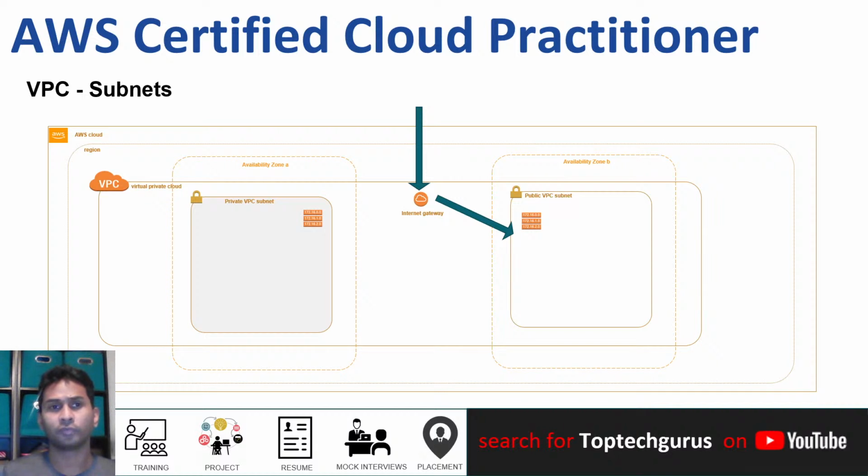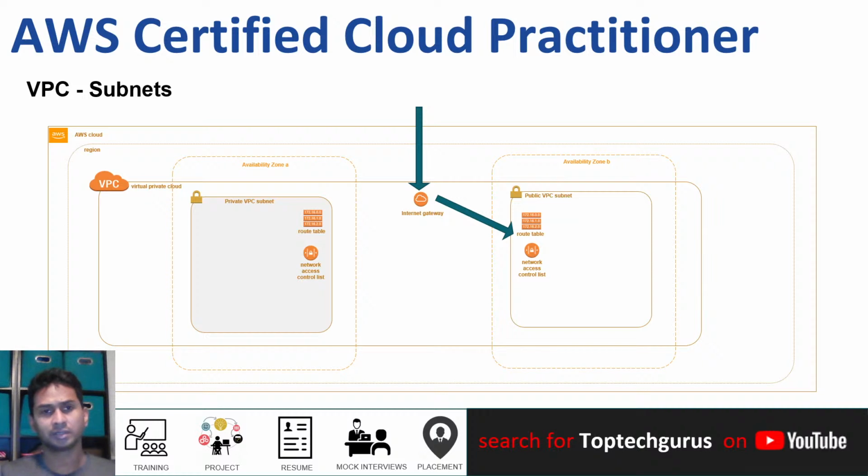Within your VPC network, a range of IP addresses, say from A to L, would go under one subnet, and from M to Z would go under another subnet. That list of IP addresses is what creates a subnet. And whenever you create a subnet, you associate two things with it: one is a route table, and another is a network access control list.